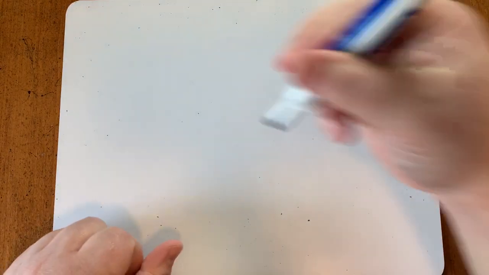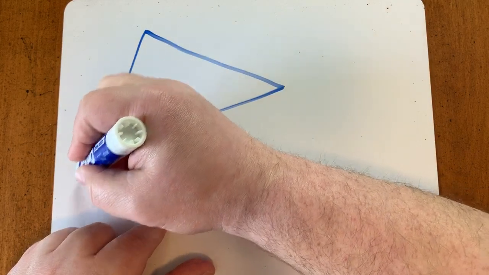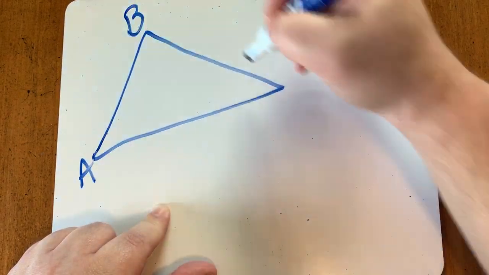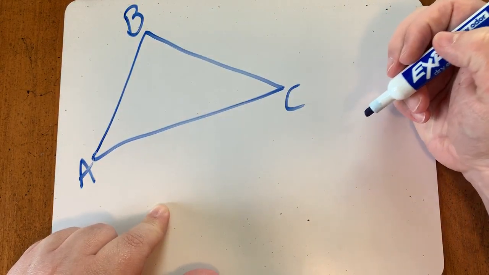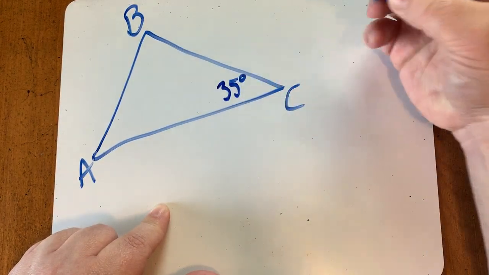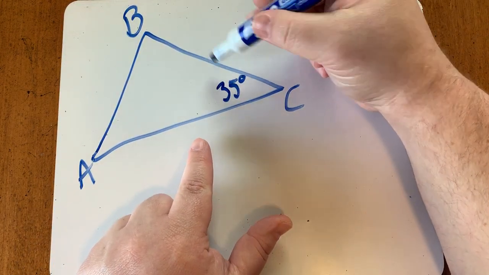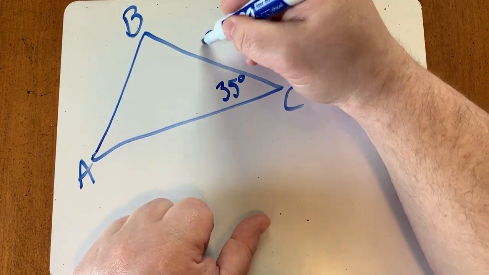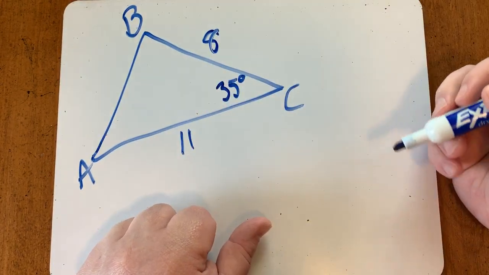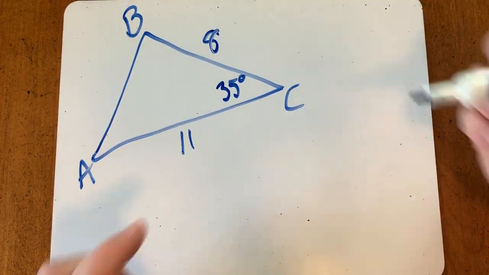So let's say we have triangle ABC. And we have angle C, let's say it's 35 degrees. And we know the two sides that it's between. So we have our two sides and the angle is between them.